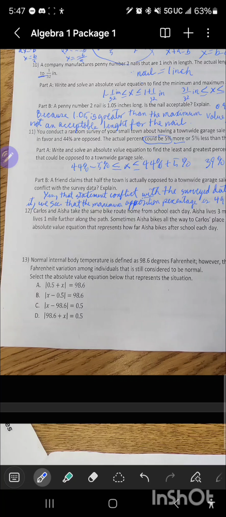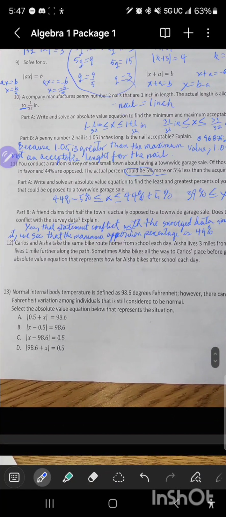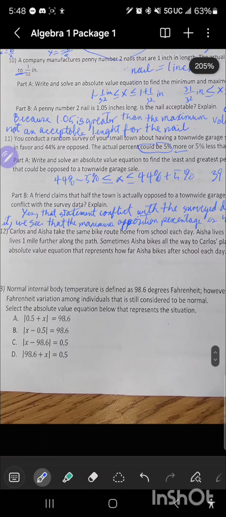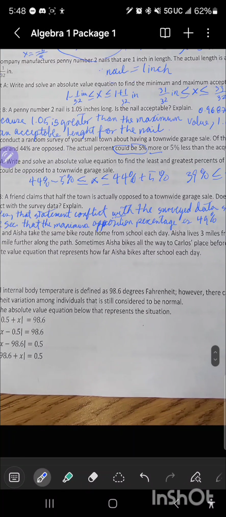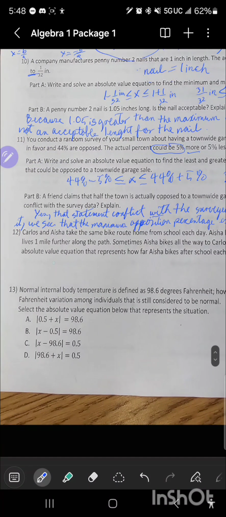Okay, basically, Aisha lives 3 miles from school.